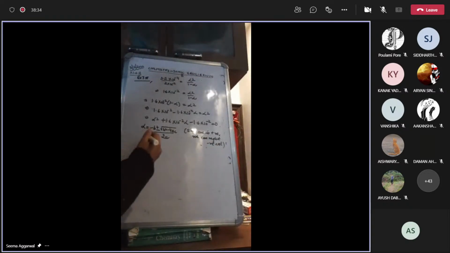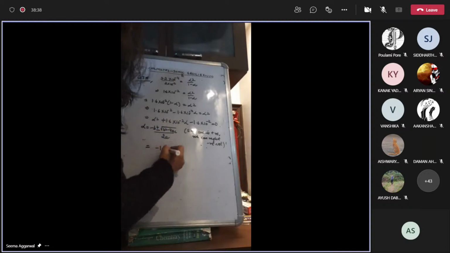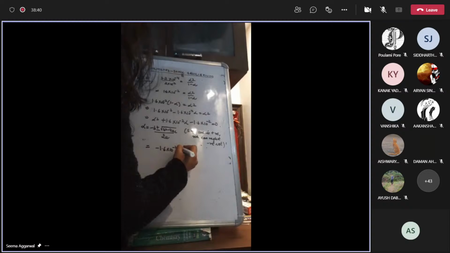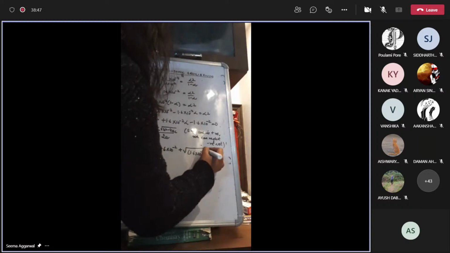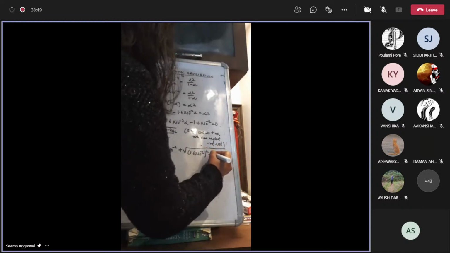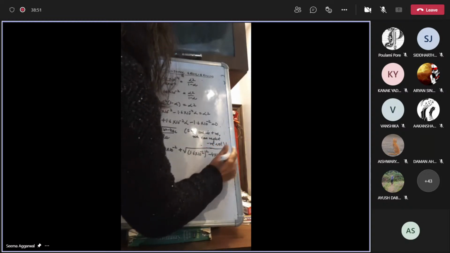So one of the roots of the equation is minus b, that is minus 1.6 into 10 raised to power minus 2, plus the square root of b square, that is 1.6 into 10 raised to power minus 2 whole square, minus 4 into a into c.